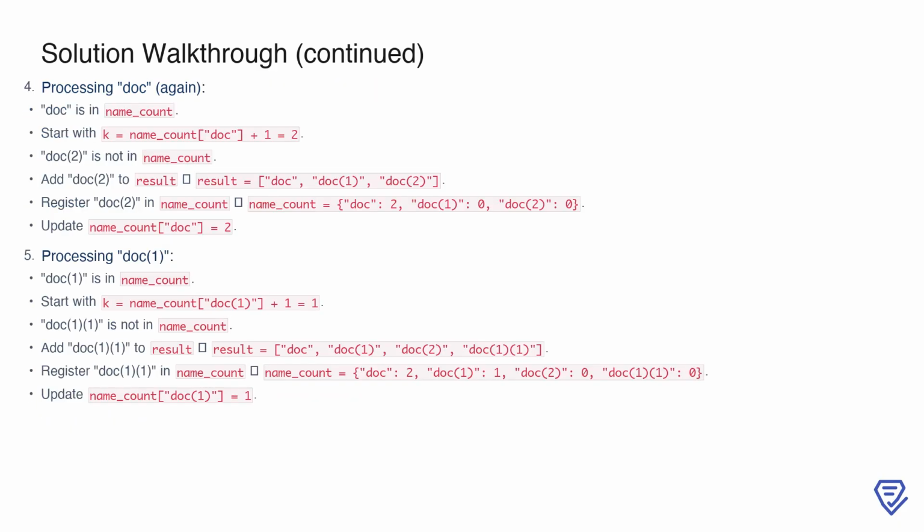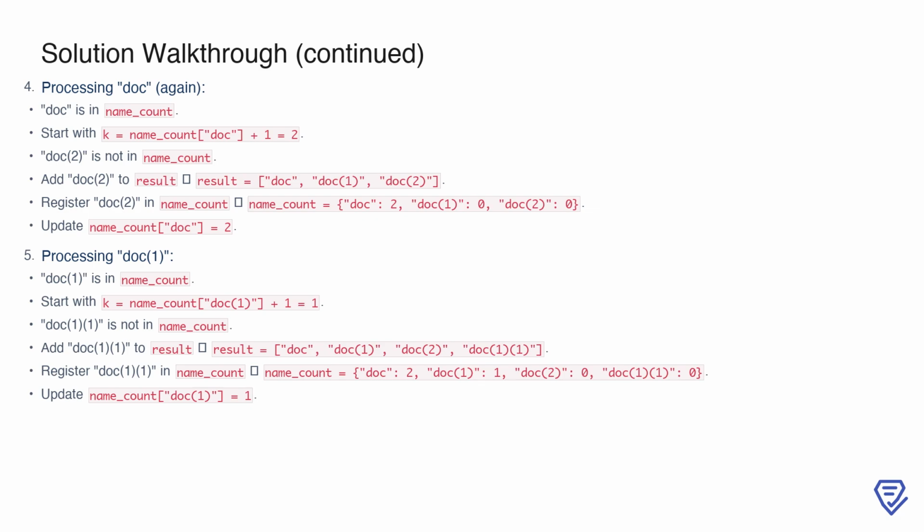Next, we process doc again. Since doc is in name_count, we calculate k as name_count[doc] plus 1, which equals 2. The name doc(2) is not in name_count, so we add it to result, resulting in doc, doc(1), doc(2). We register doc(2) in name_count and update name_count[doc] to 2. Now, we encounter doc(1).